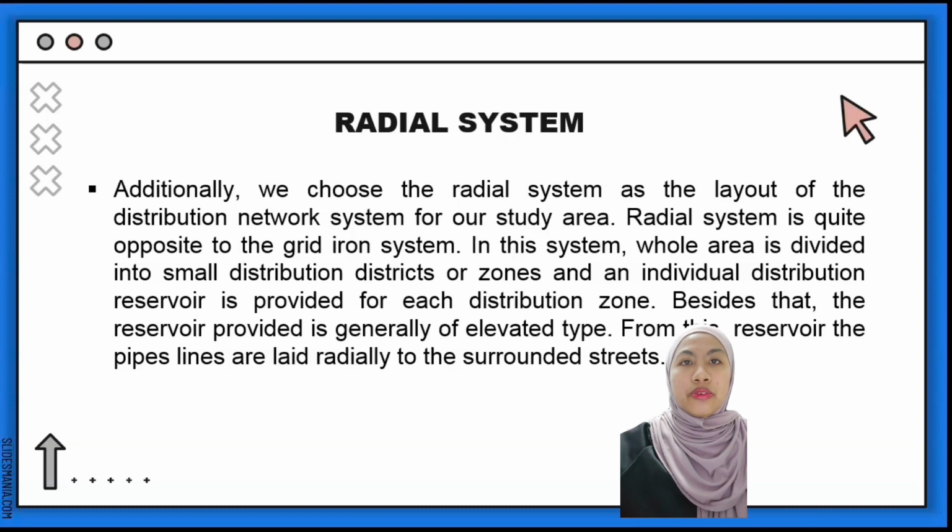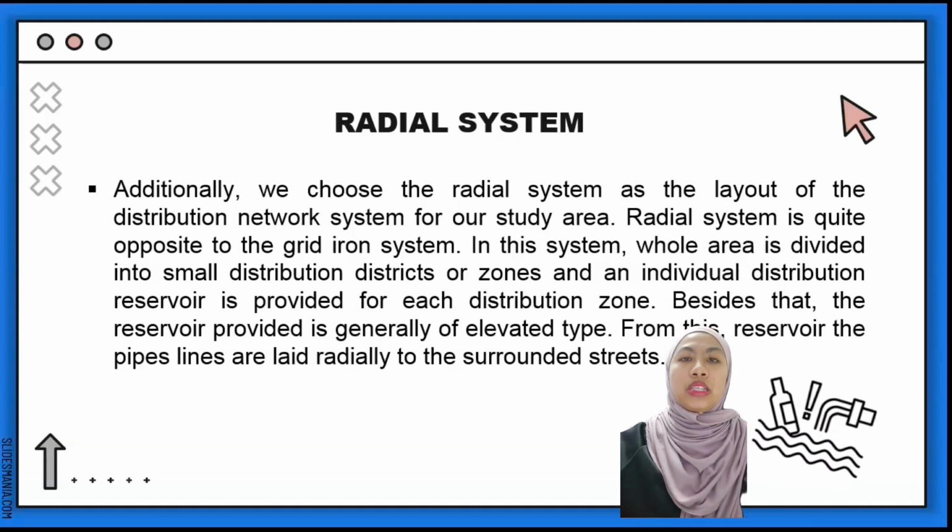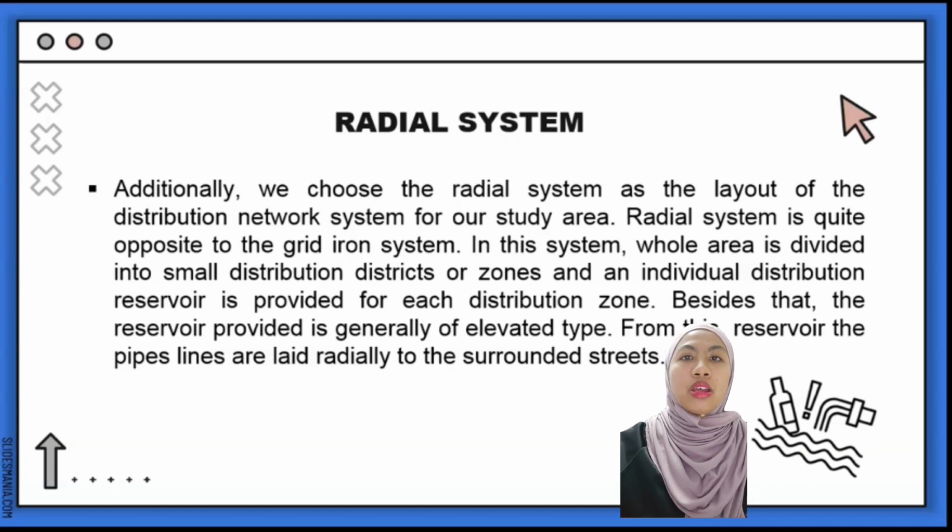Additionally, we choose the radial system as the layout of the distribution network system for our study area. Radial system is the exact opposite of the grid iron system. In this system, the whole area is divided into small distribution streets or zones, and an individual distribution reservoir is provided for each distribution zone.